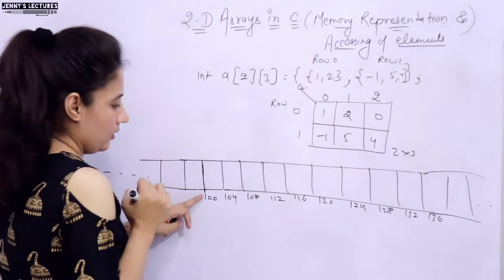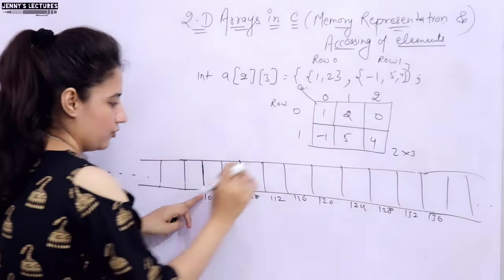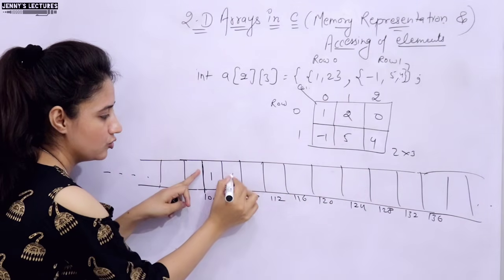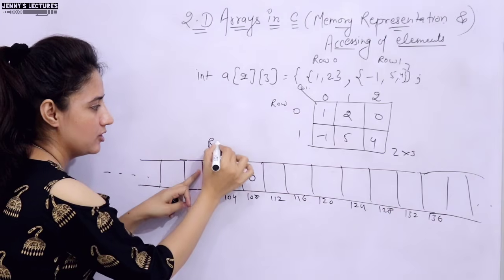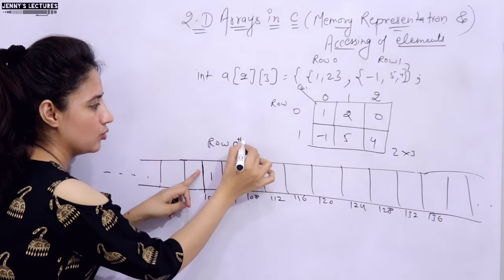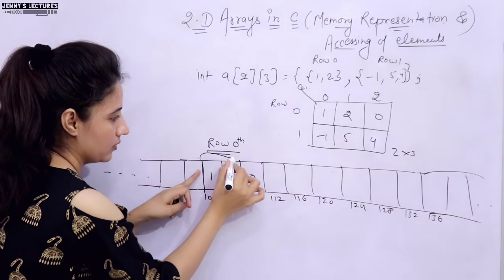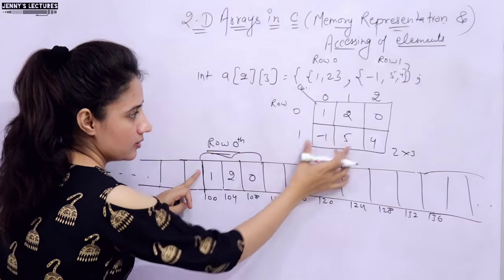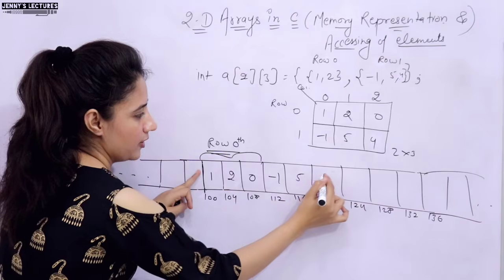So now row wise data is to be stored. First row from here, so my 1, 2, 0, this is for row 0, the 0th row. Then 3 columns would be -1, 5 and 4.